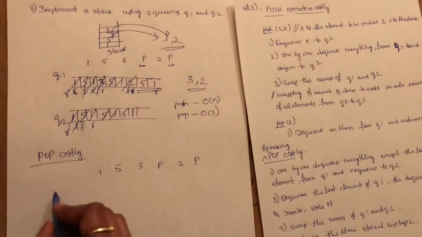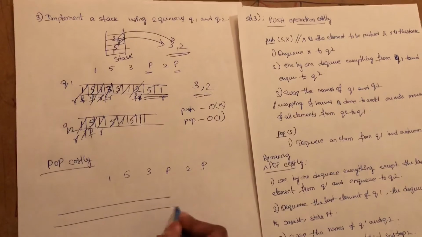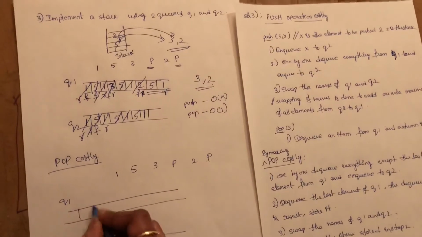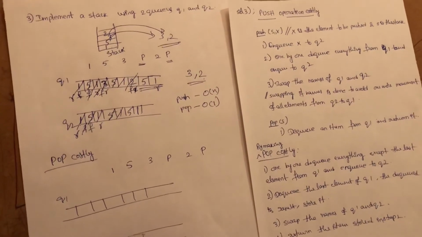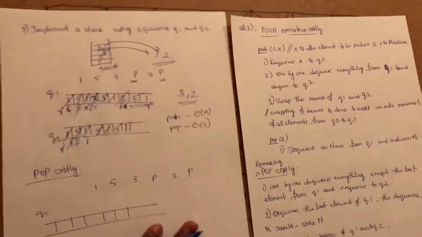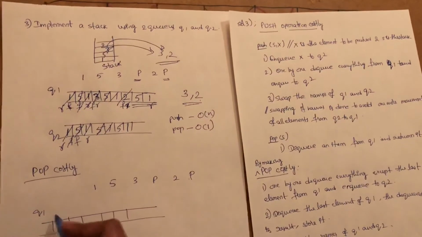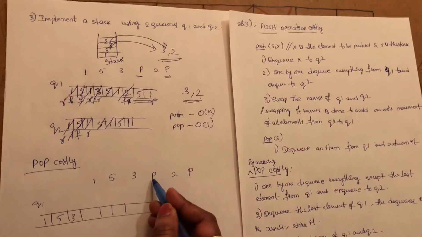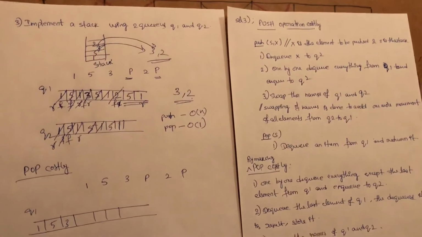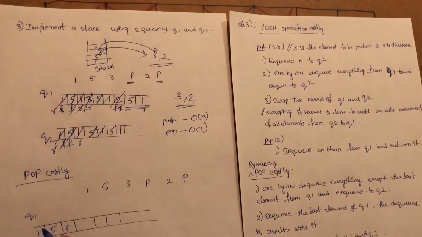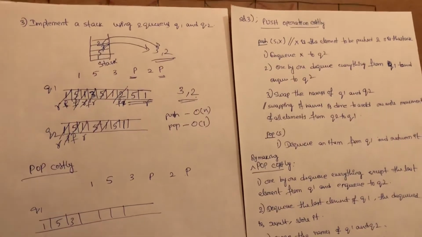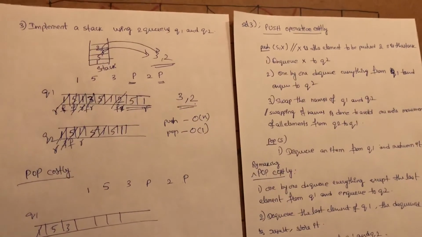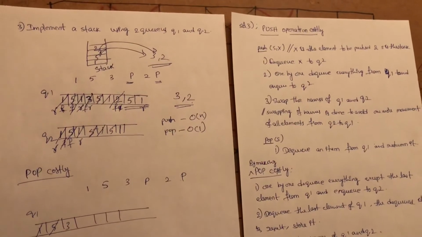Let's see how to implement a stack using two queues, Q1 and Q2. Here we first push all the elements into the queue, and if the operation is pop, then we DQ all the elements from Q1 to Q2, NQ them.